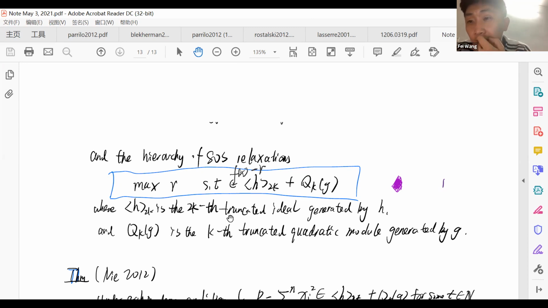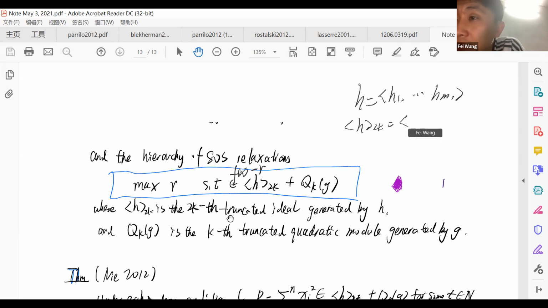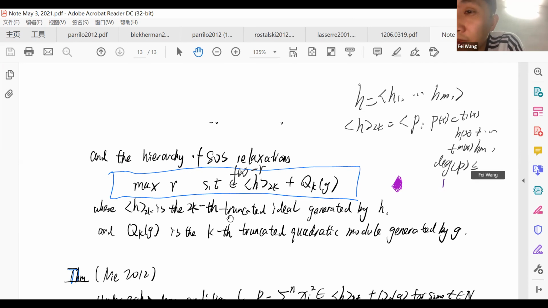For the truncated ideal, suppose h is h1 through hm. Then H_2k consists of all the polynomials p such that p(x) is equal to t1(x) h1(x) plus ... plus tm(x) hm(x), and the degree of p is less than or equal to 2k.